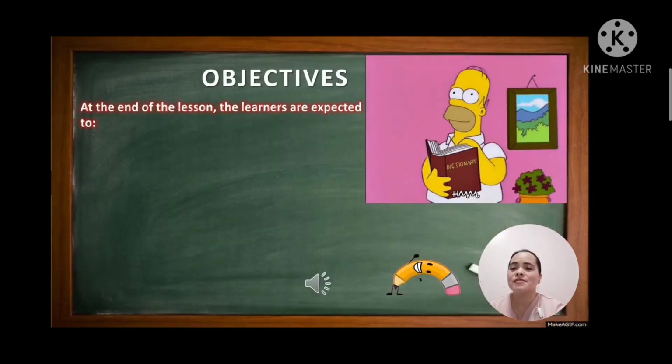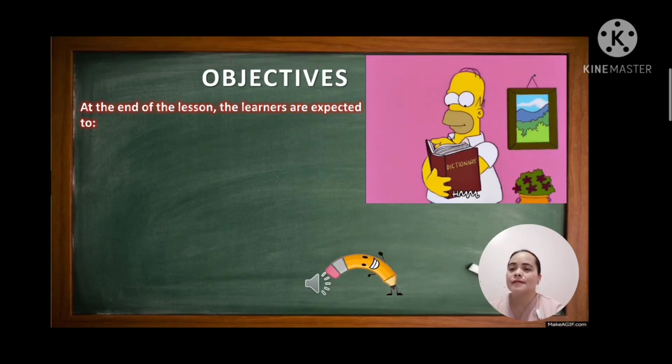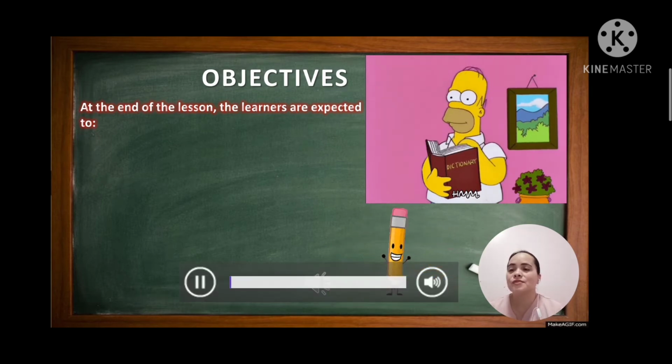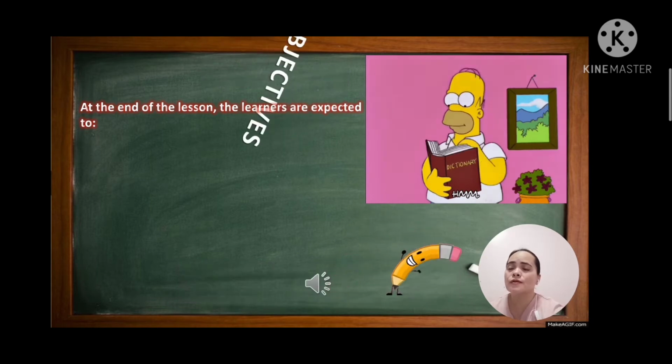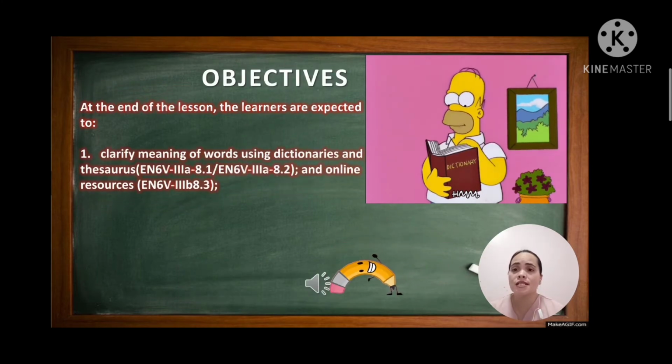Okay, let me present first the objectives for today. At the end of the lesson, you are expected to, first, clarify meaning of words using dictionaries and thesaurus, online resources.